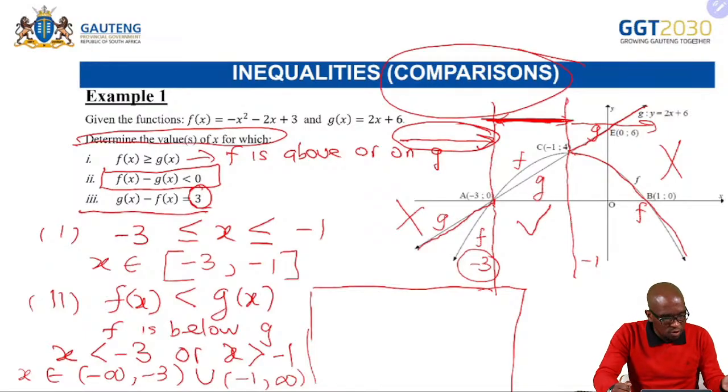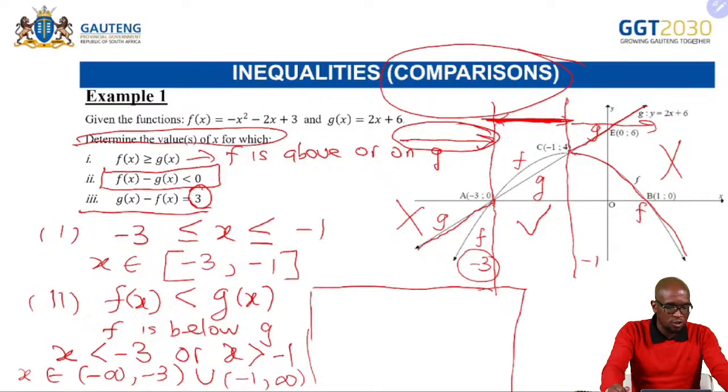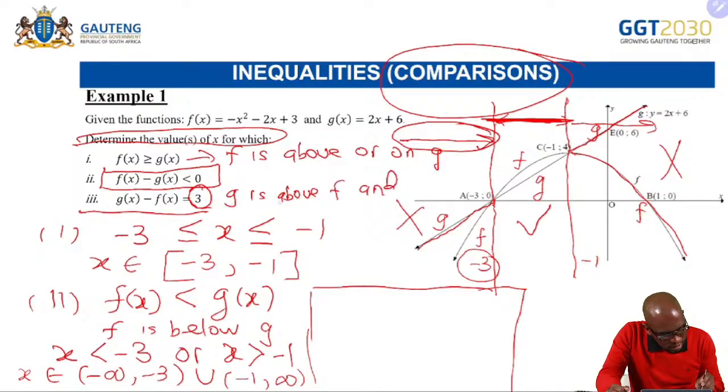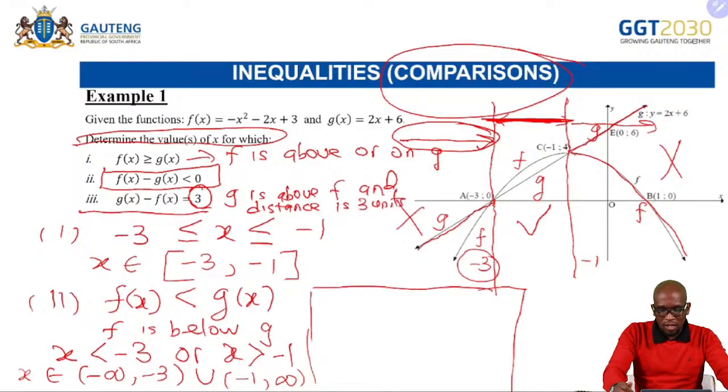If there was a 0 here, we would transpose f of x, and we get g of x is equal to f of x. That's the point of intersection. But now the distance is equal to 3. So we are saying g is above f and the distance between them is 3 units.